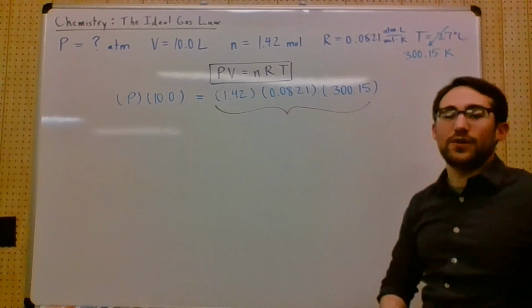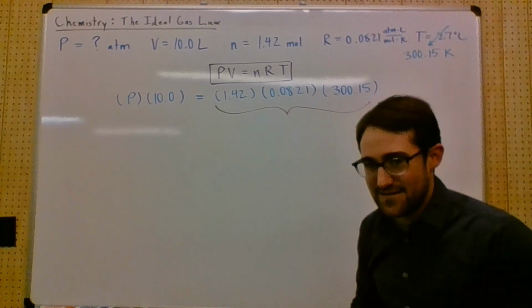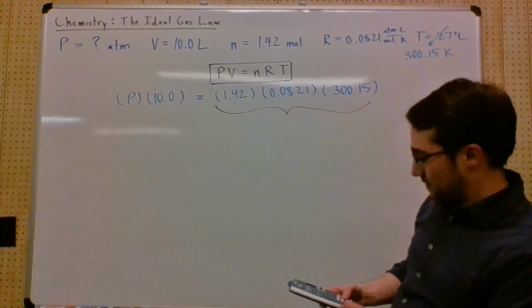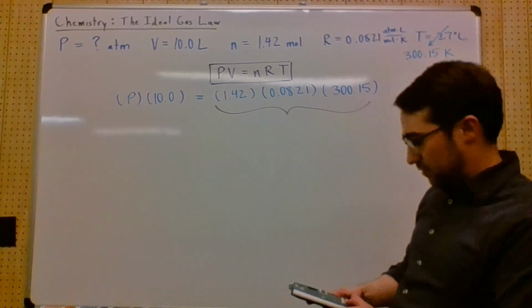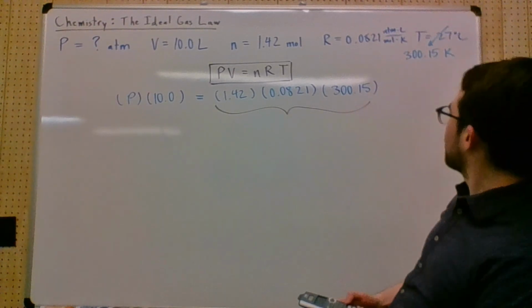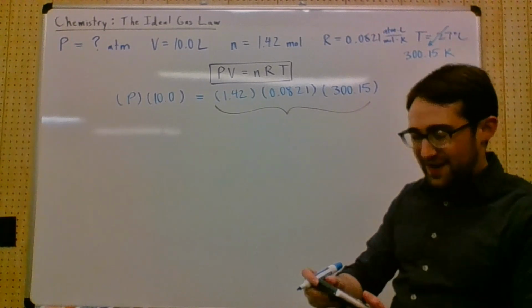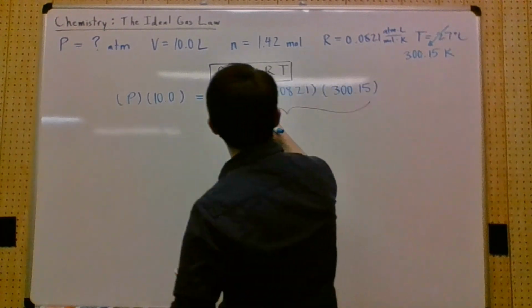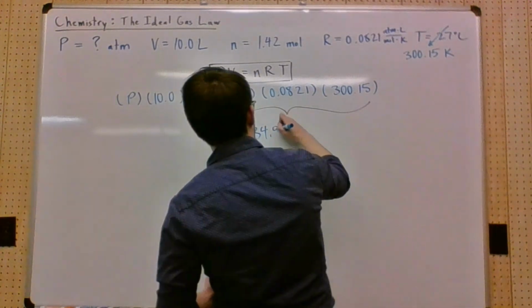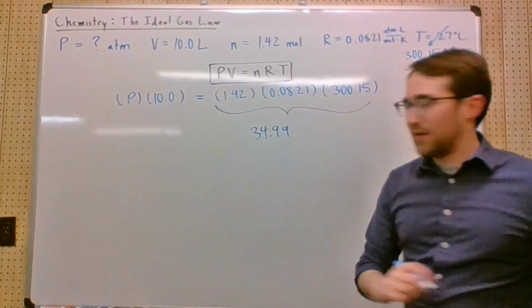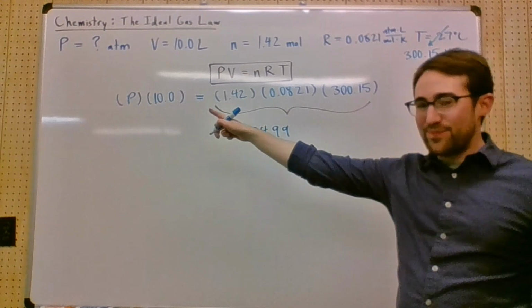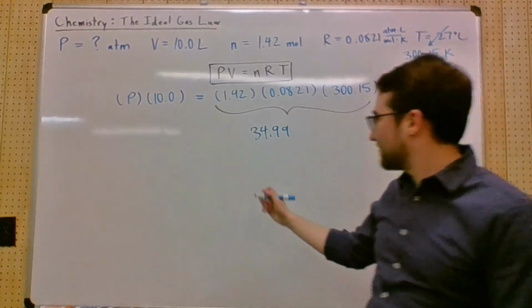There it is. I get 34.99-ish. 34.99. Okay, that's still equal to P times the 10 on the left side.